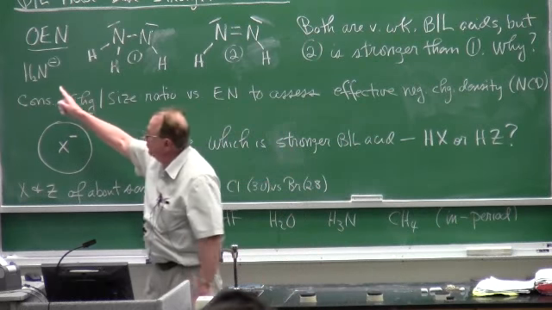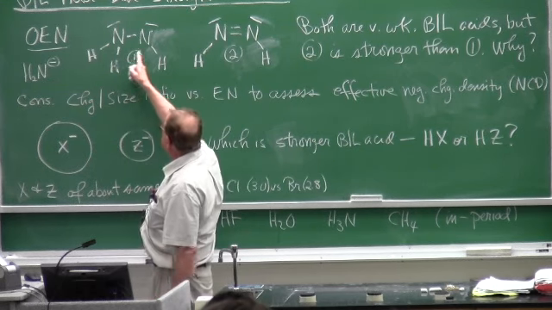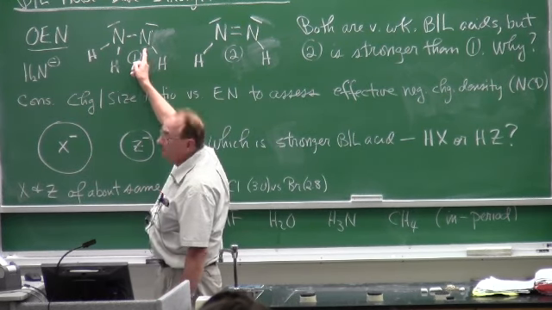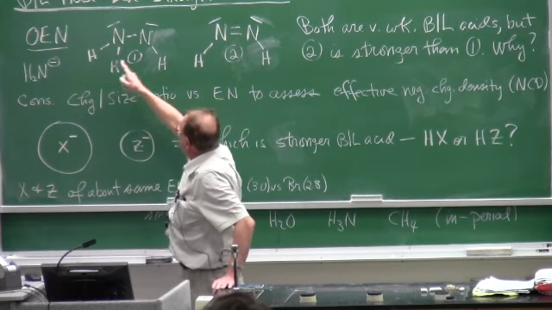Well, this nitrogen, if you write out the entire Lewis structure, will be found to be sp3 hybridized like this nitrogen. So you see a similarity of this nitrogen to this nitrogen.